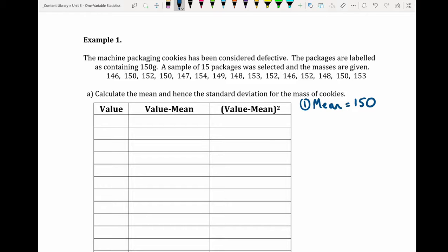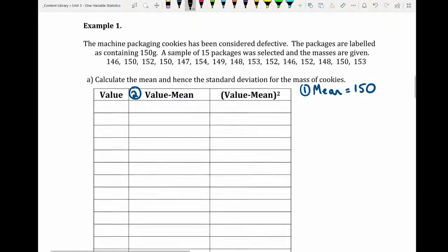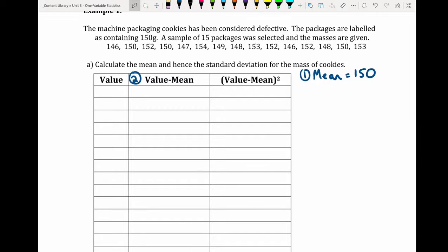The next step in our process is to do the value minus the mean. So that's going to be my second column here. And in order to help me do that, I'm going to write out all of my values in this first column here. So I'm just going to go back, I'm going to write out all my values. They don't need to be in order, so the order doesn't really matter here.